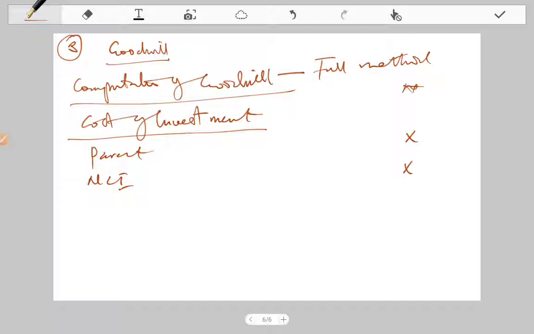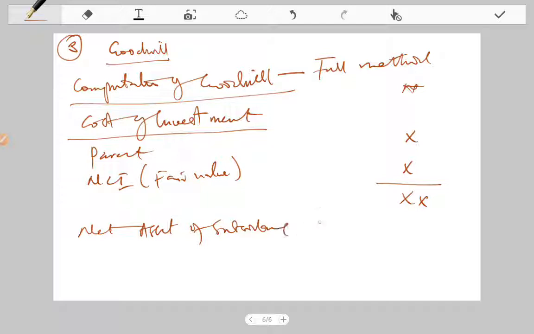And please, in this full method, we are looking at it at fair value. When we get to NCI in detail, we'll see more information about that. Then we'll compare what we call the net assets of the subsidiary at acquisition.